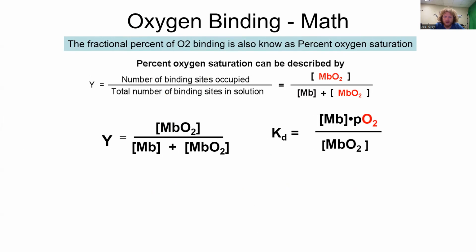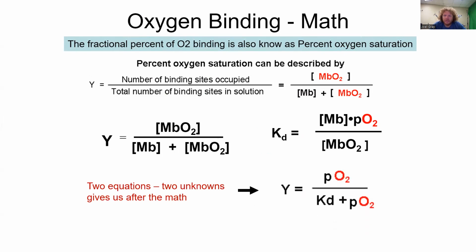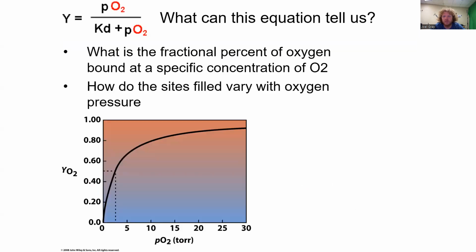If we implement all of this with respect to myoglobin and O2 as the binding ligand, we get a Y or theta that looks like this. Now, Y is equivalent to theta. Theta is more general when we're talking about any protein or ligand. Y is when we're specifically talking about an oxygen binding protein.